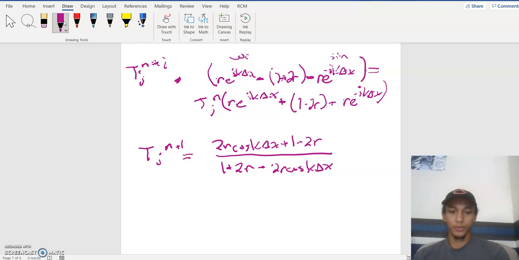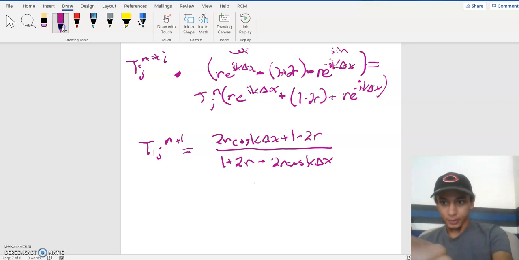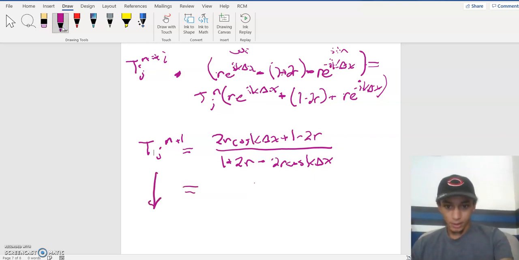And let's see, we can factor out the 2r. So let's bring you down, set that equal to. So I factor out a 2r from this.